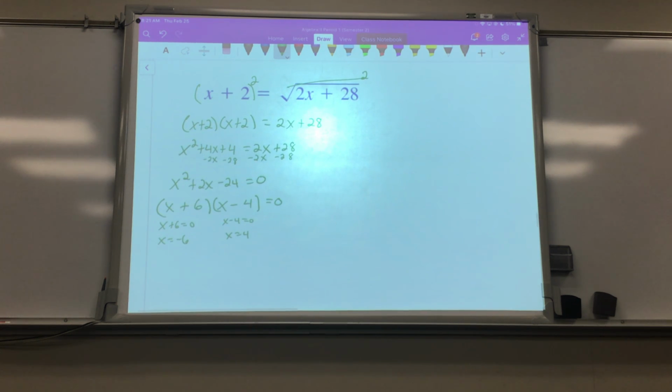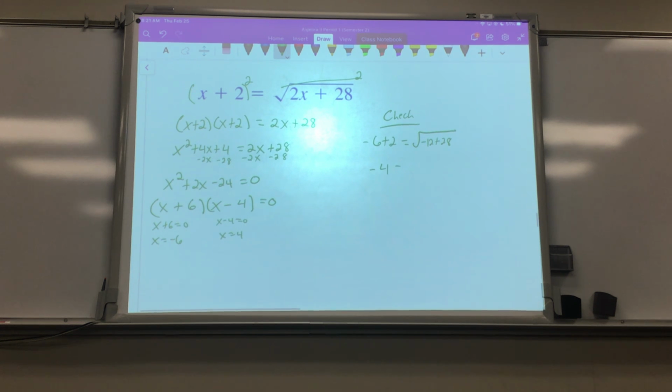Okay, now check. Basically when it comes down to these checks, you're making sure you don't get a negative value inside the radical. Okay? So, when I check this one, -6 plus 2 equals the square root of -12 plus 28.